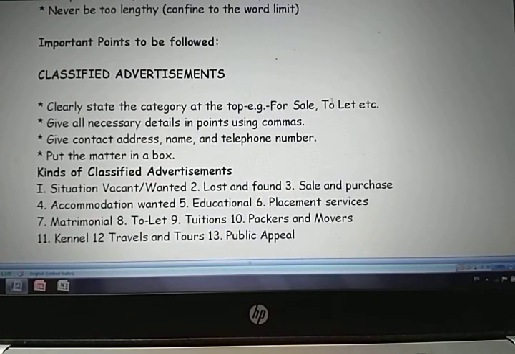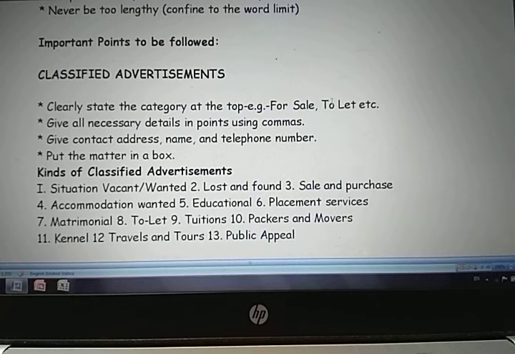Suppose you want to purchase, then also you go for an advertisement. Accommodation wanted. Suppose I want accommodation in Visakhapatnam, I may give one advertisement. And what are all the preferences of areas, everything I mention.